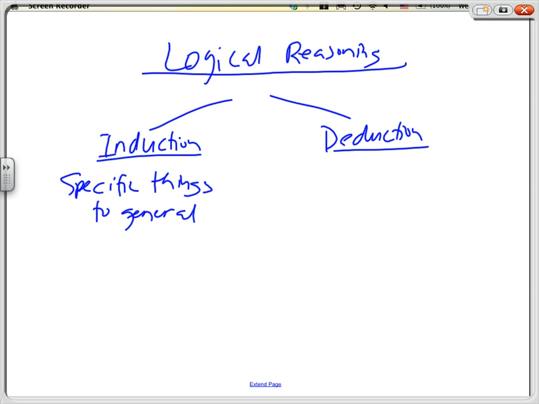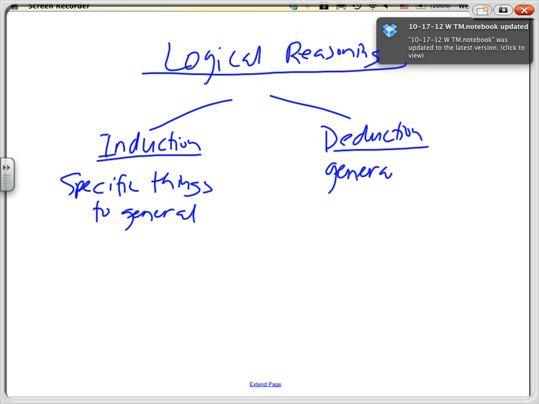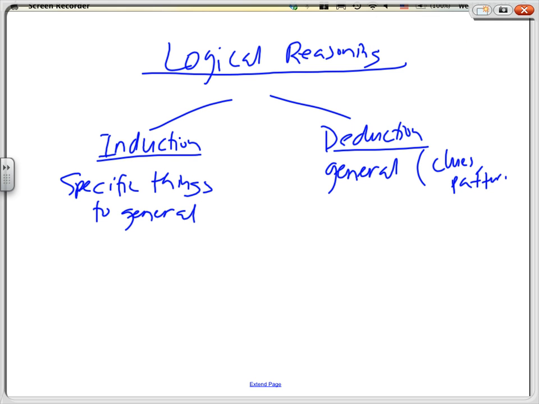And for deduction, you're going from a very general point of view, general things like looking for clues, looking at patterns, to a specific conclusion. Okay? So, very basic definition of the two.